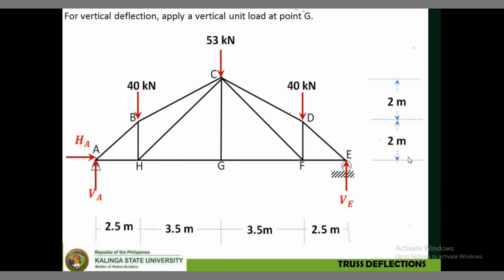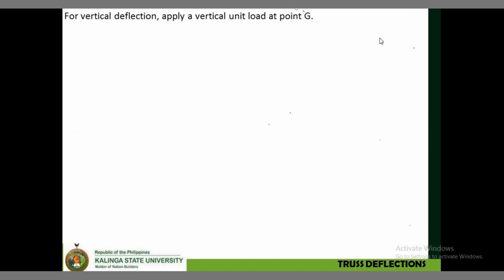Ano ang sabi nung step 2? Before I discuss step 2, di ba, balikan natin yung problem. Dalawa yung hinahanap. Yung vertical deflection at point G at saka yung horizontal deflection at point E. So, unahin natin yung vertical deflection at joint G. So, again sa step 2, ang sabi doon, lahat ng mga external forces ay alisin natin.